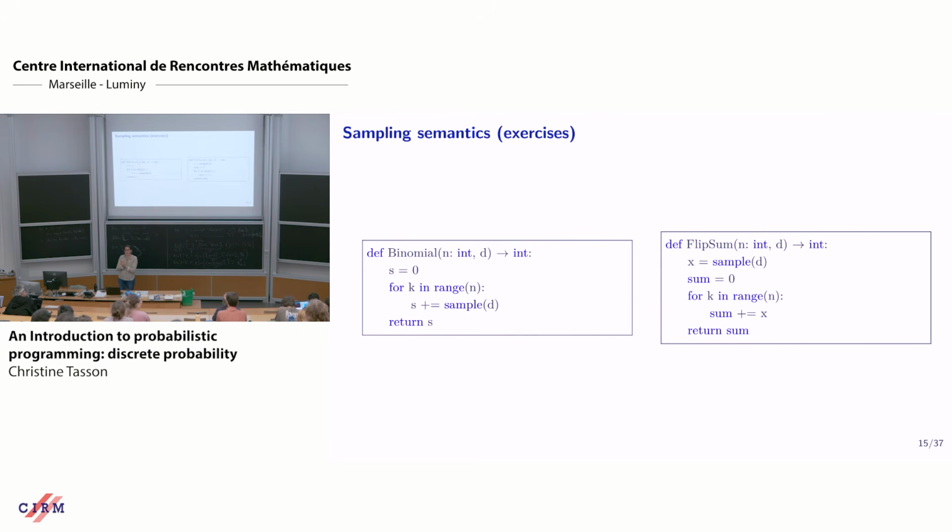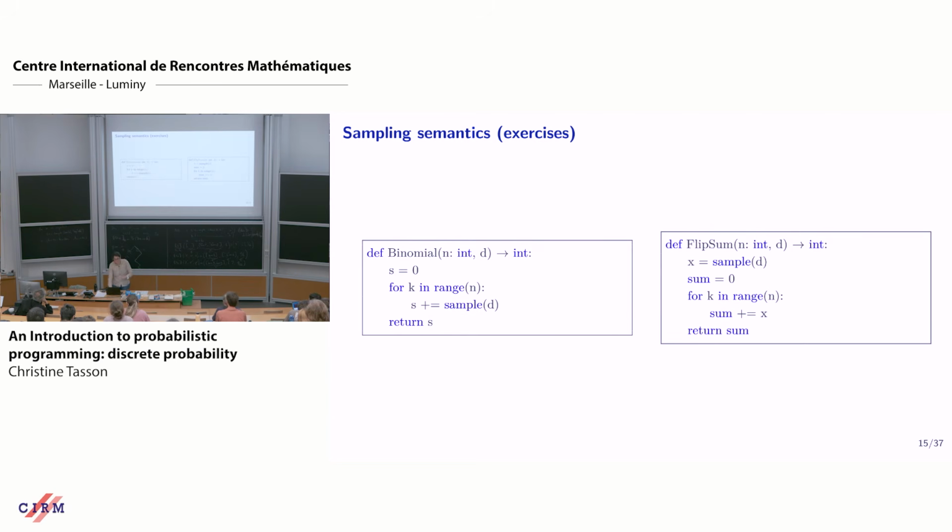So what does the sampling trace look like? Yes, just one element, k is true or false. Okay? And then I copy the value to get the sum.